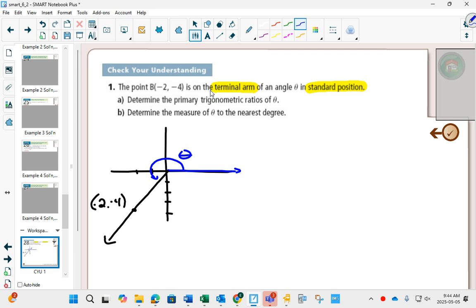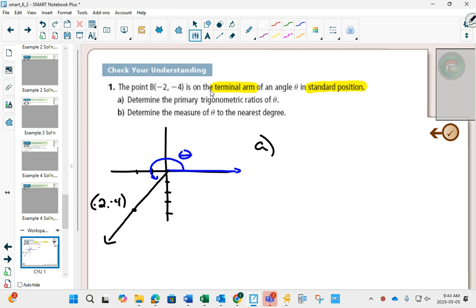So first of all, just reading the question, knowing what standard position is, knowing that the terminal arm is where an angle ends, that sets up this picture. And trigonometry is about drawing triangles, and so the picture is very important. So now, it says in A, based on this information, to determine the primary trig ratios.